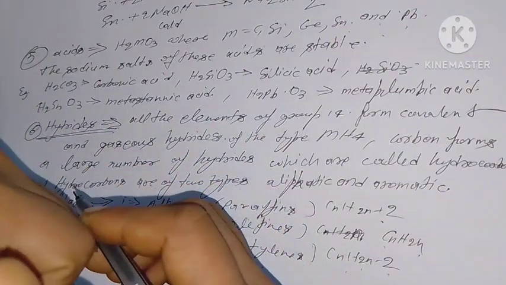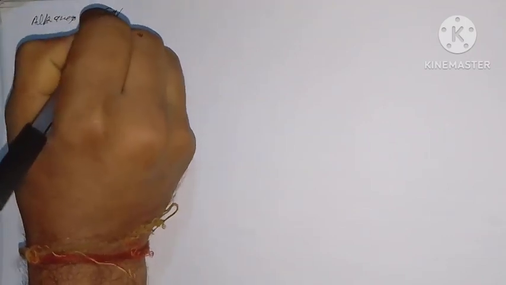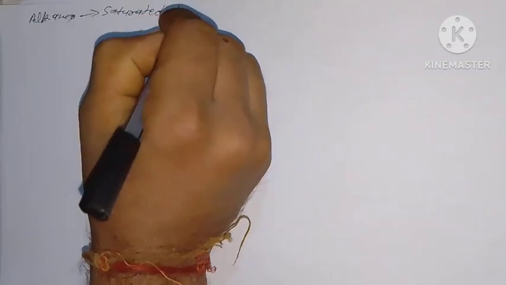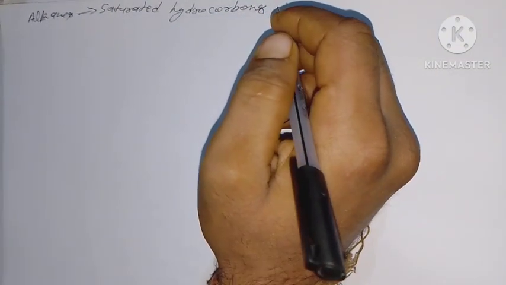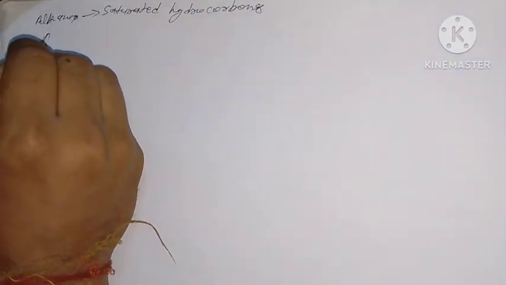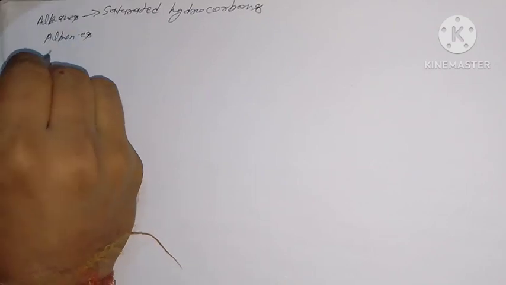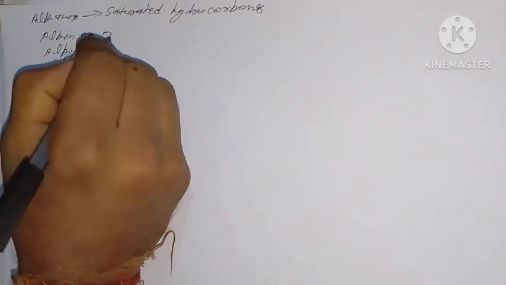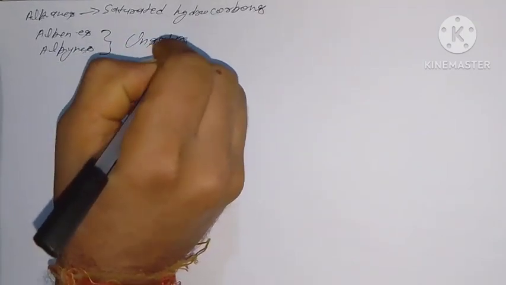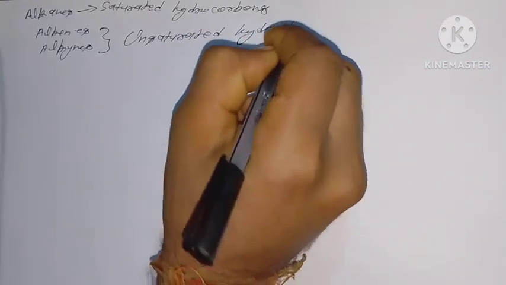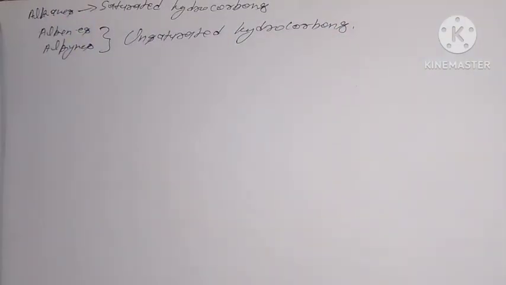Alkanes are saturated hydrocarbons, whereas alkenes and alkynes are unsaturated hydrocarbons.